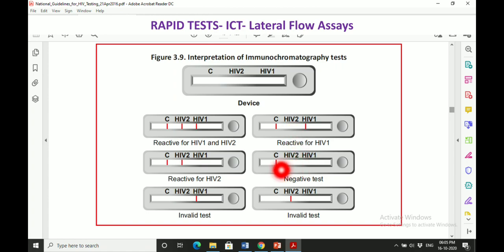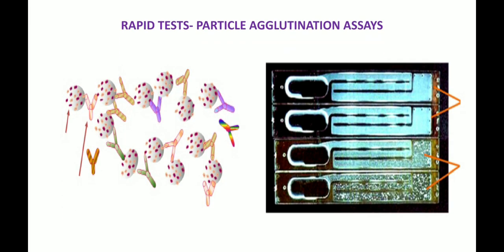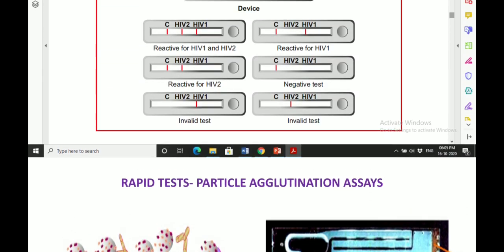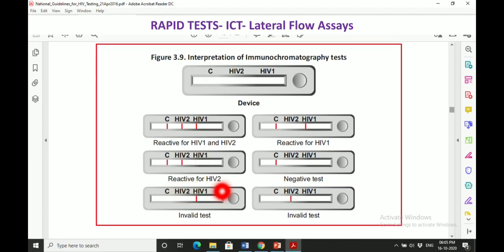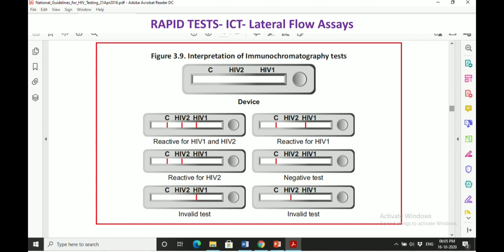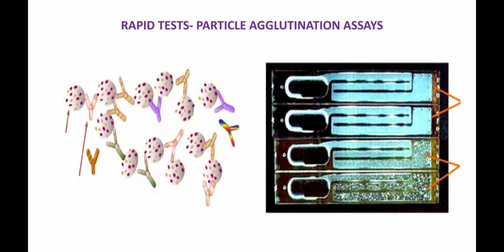As I mentioned previously, even in lateral flow assay, this control band should always be seen. If it is not seen, the test is considered invalid. So both these tests are considered invalid, because you are not getting the control band here. Okay, right. Then the next one is called the particle agglutination assay.